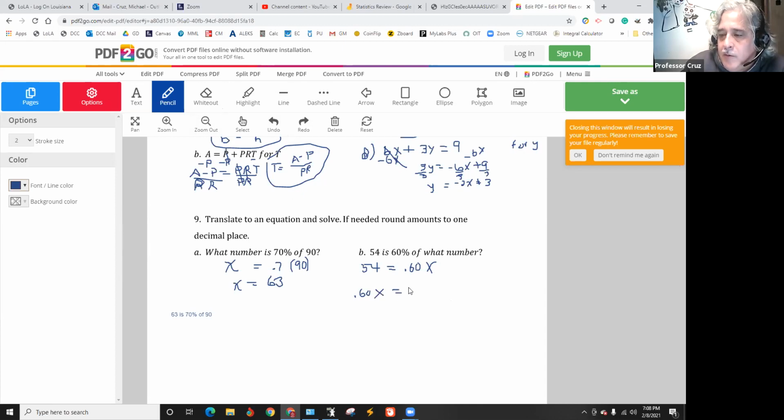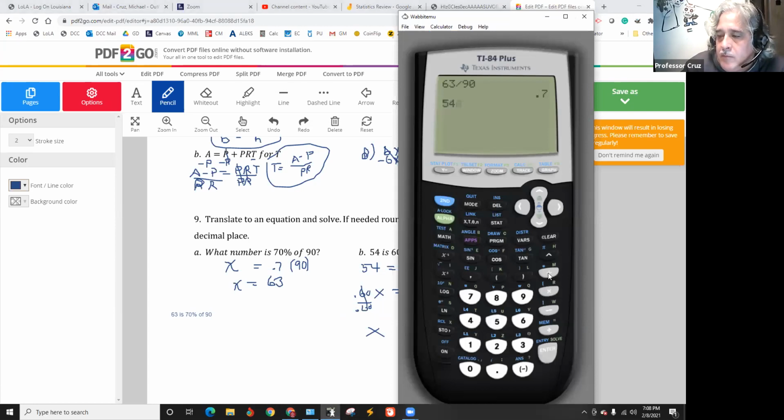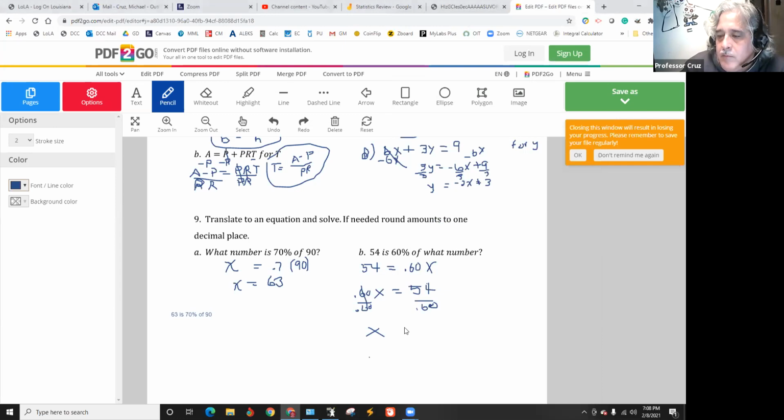Actually, it was written backwards. And so now, divide both sides by 0.6. So X is equal to what? 90. So 54 is 60% of 90.